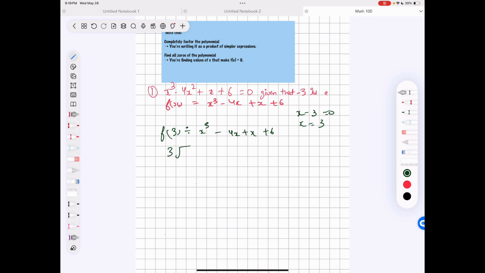We'll take 1, minus 4, wait, it's going to be 1, minus 4, plus 1, and then plus 6.